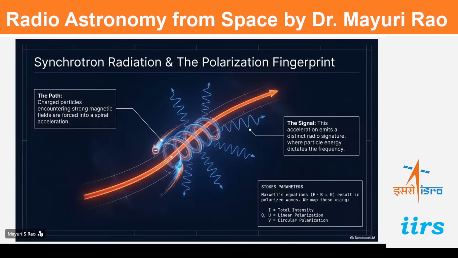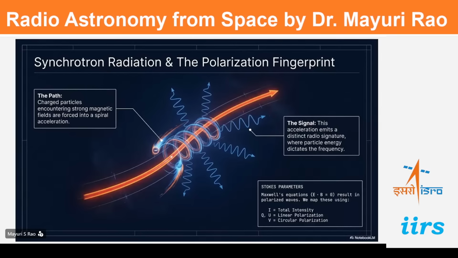So very quickly, what is synchrotron radiation? Synchrotron radiation is a non-thermal process. It's a very energetic process where you have relativistic electrons, electrons moving almost at the speed of light, going rapidly around magnetic field lines that are there in galaxies. So our own galaxy is very, very bright in synchrotron radiation.